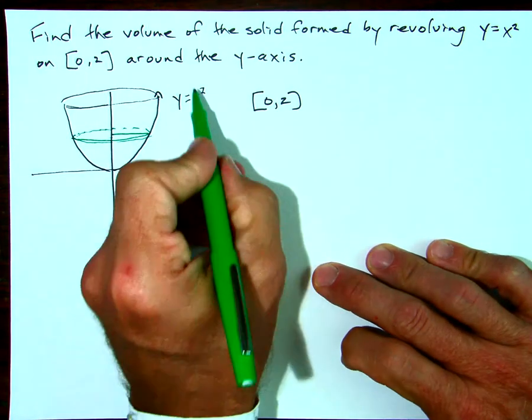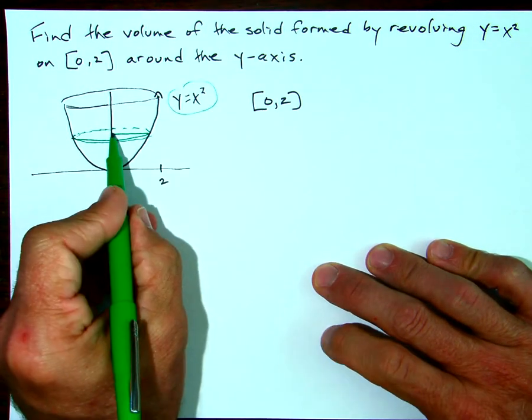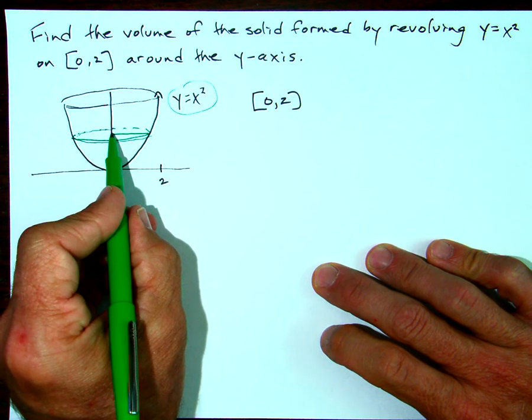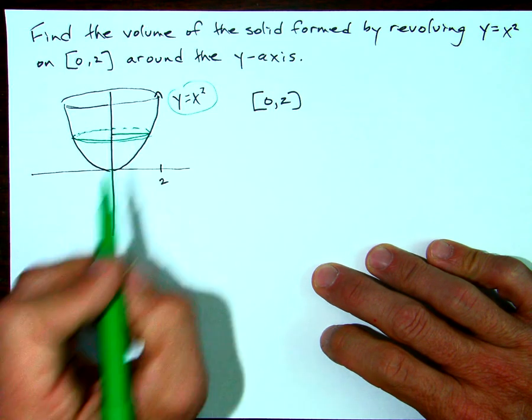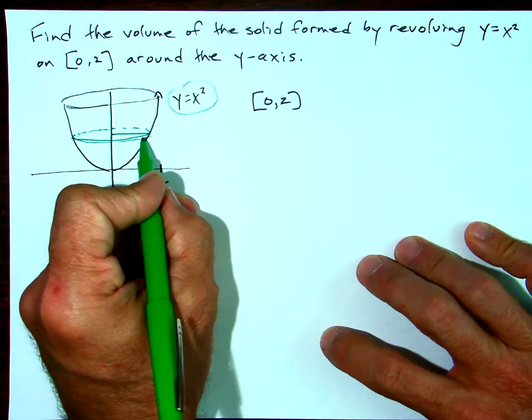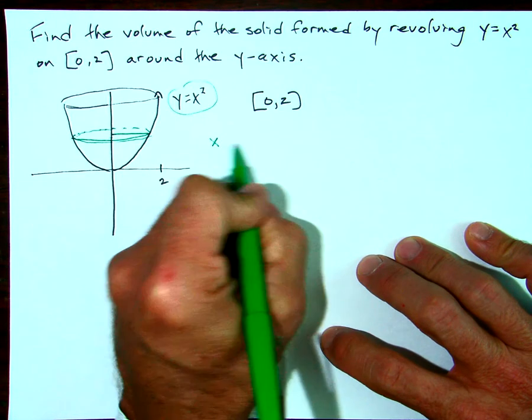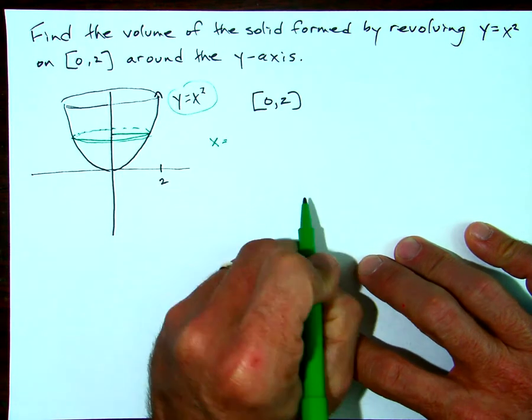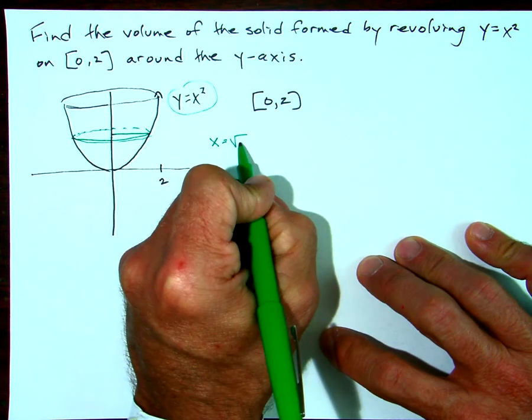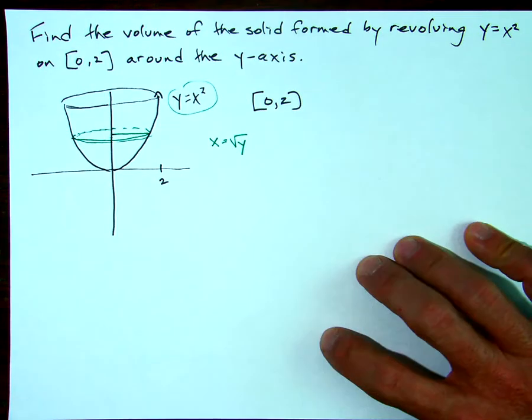So if I go from x equals 0 out to x equals what, right? So let's solve for x here. x equals the square root of y.